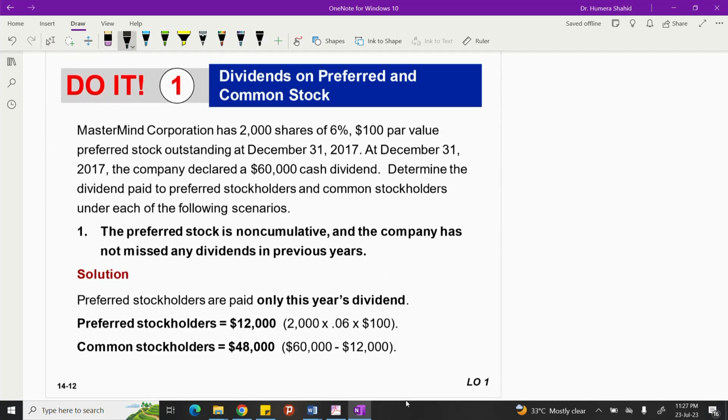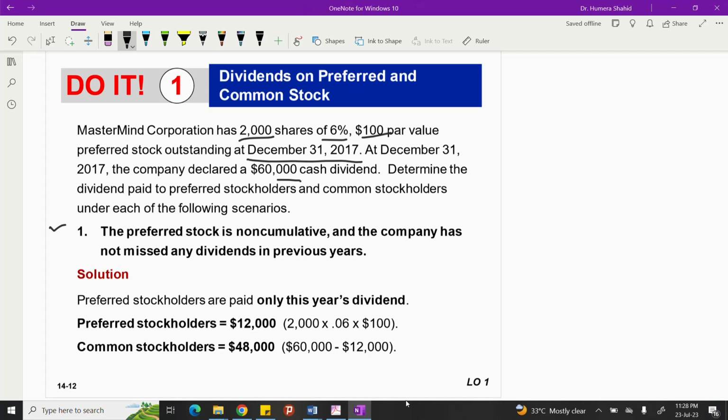Let's do it together. Mastermind Corporation has 2,000 shares of 6% $100 par value preferred stock outstanding at December 31st, 2017. At December 31st, 2017, company declared 60,000 cash dividend. Determine the dividend paid to the preferred stock and the common stock under each of the following scenarios.